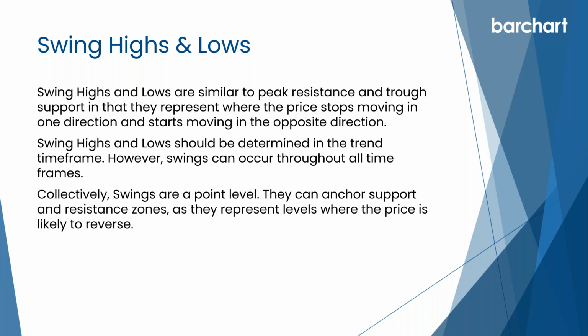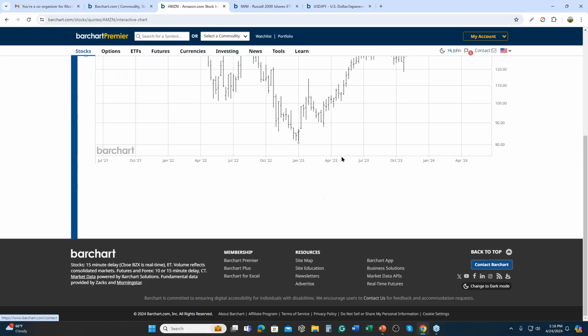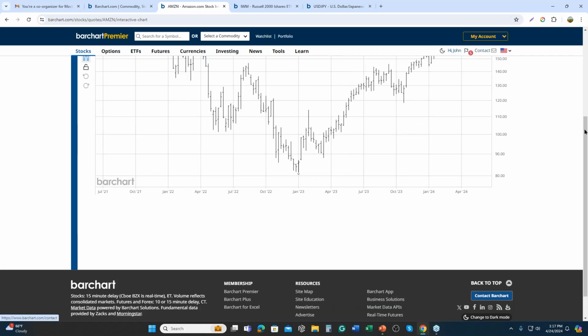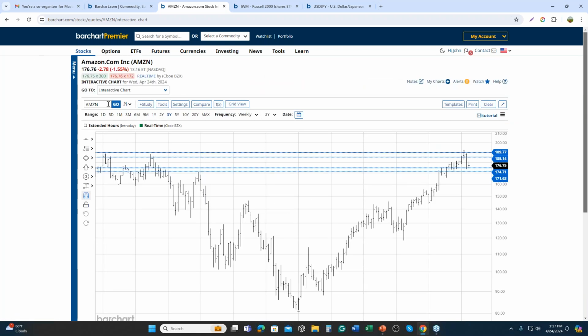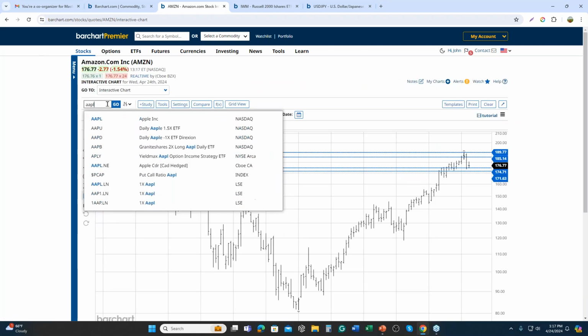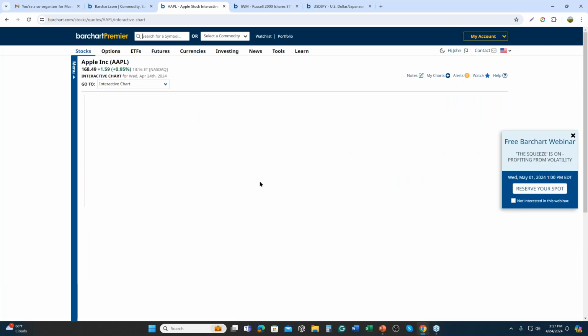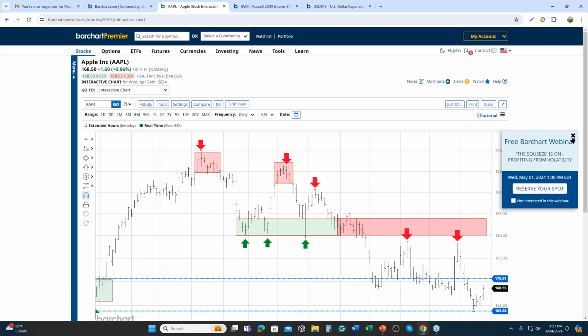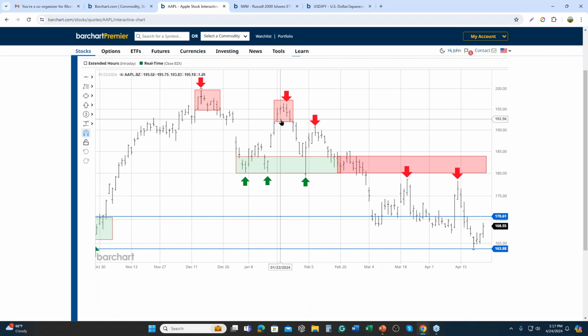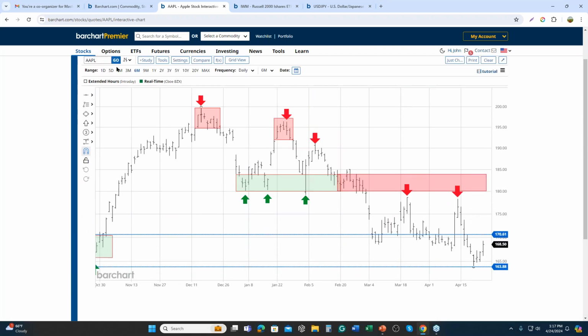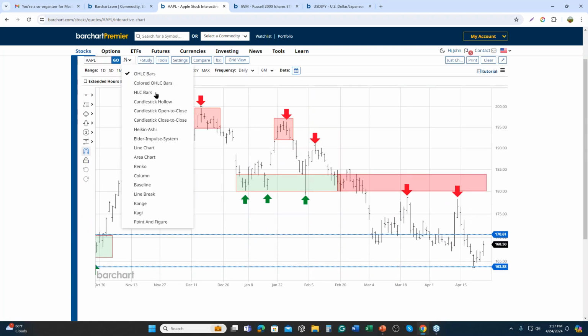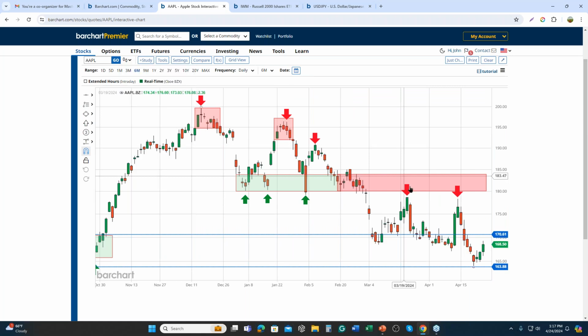Now, what's nice about candlesticks is that they kind of help us visualize that, where green candles turn red or red candles turn green.